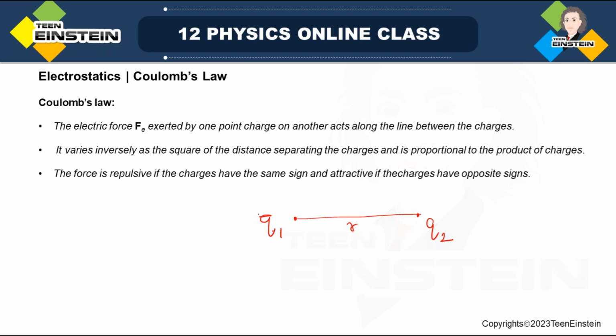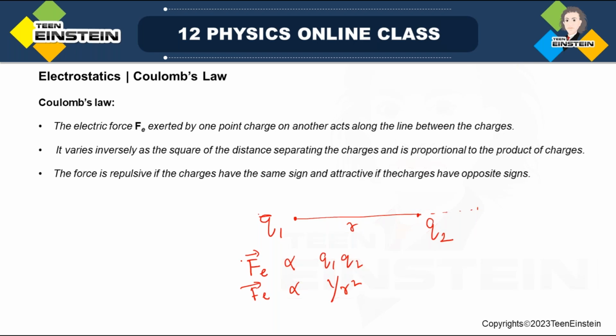If we have two charges Q1 and Q2 and their line joining is this one, according to Coulomb's law the force exerted by one on another will always act along the line. It varies inversely as the square of the distance separating the charges, and it is proportional to the product of the charges. So if I say the force is Fe, electric force, with vector sign, it is directly proportional to the product of these charges and inversely proportional to the square of the distance.